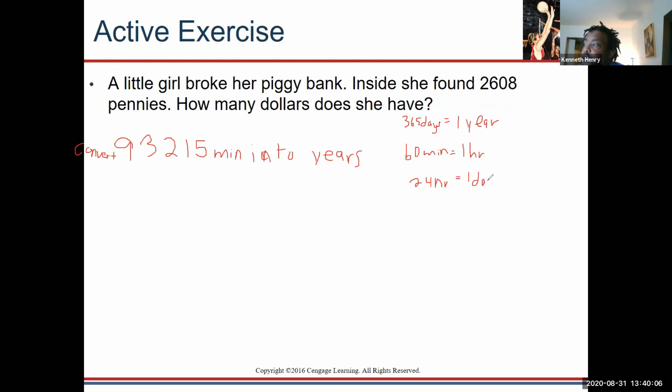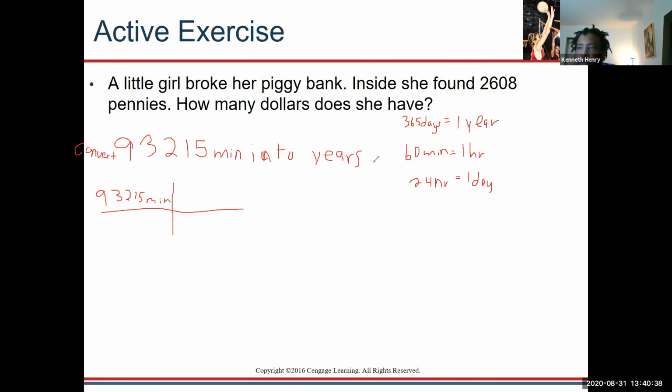So what's our given? Our given is minutes. So we have 93,215 minutes. Which one of my conversions am I going to use next?